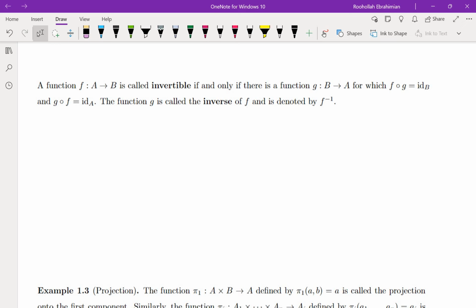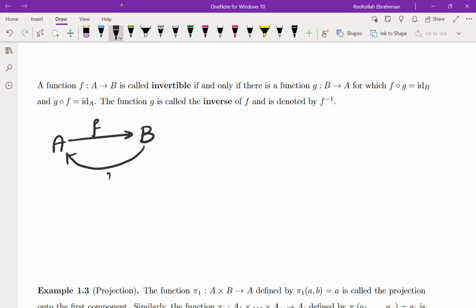A function f from A to B is called invertible if and only if there is a function g from B to A for which f o g is the identity of B and g o f is the identity of A. So it is important to make sure that both of these are satisfied.